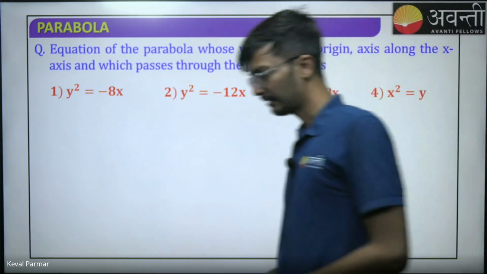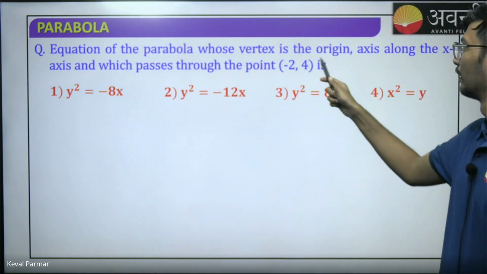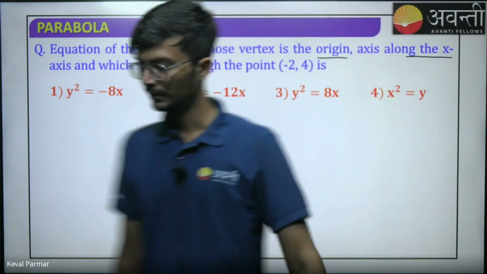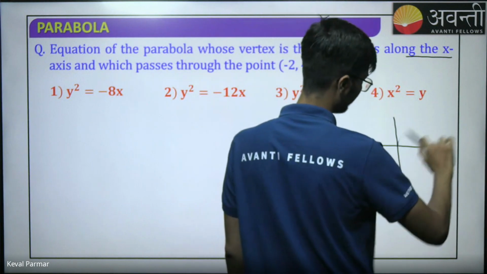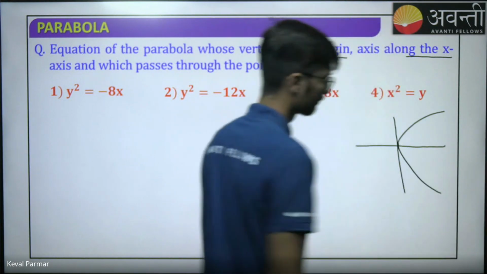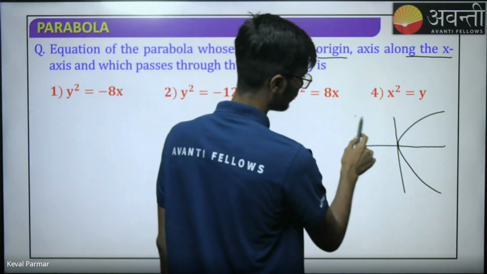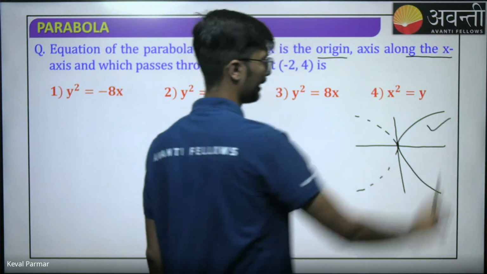Equation of a parabola whose vertex is origin, axis along x-axis. So, if the vertex is at origin and axis is along x-axis, the parabola is like this or like this. Let us assume that this is the parabola.